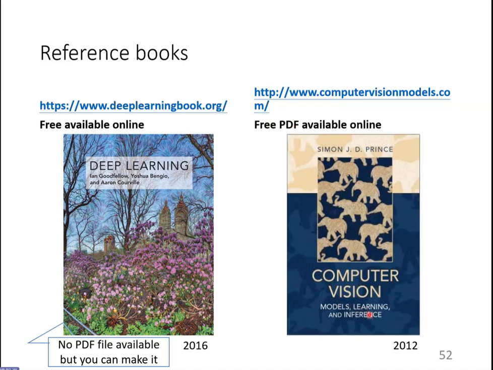And this book is also freely available in PDF version. This is Computer Vision: Models, Learning, and Inference. However, this book is slightly old. You see, it was published in 2012. There was an important innovation in 2012 in neural networks: AlexNet was published in 2012. So this is very important.